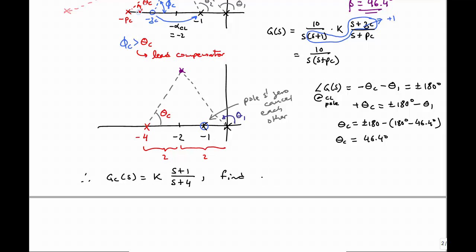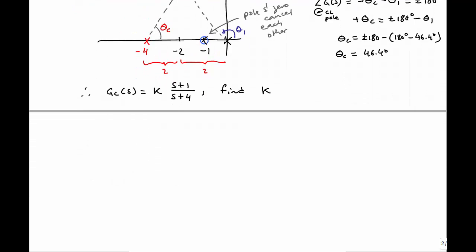We now need to find not G of C, but K, the constant out in front. To do this, we have to satisfy the magnitude condition. The magnitude of G of s at the closed loop pole location needs to be equal to 1.